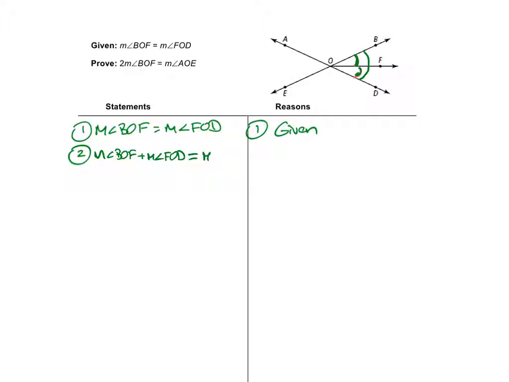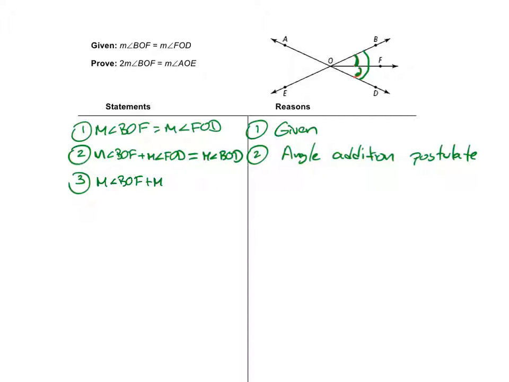So the measure of angle BOD by angle addition postulate. So now on 3, I'm going to use BOF because down here I need to prove the BOF, right? So I can substitute. So the angle BOF plus the measure of BOF equals the measure of angle BOD by substitution.